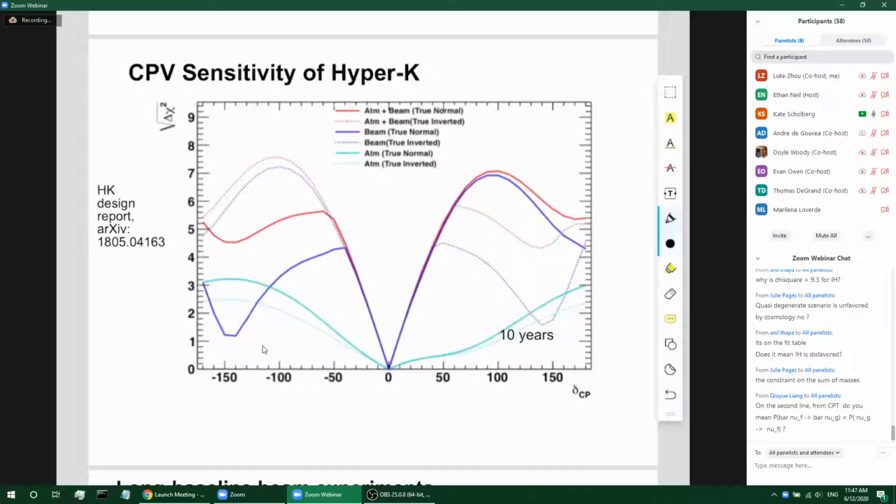This is using a combination here. The best sensitivity is for a combination of atmospheric and beam, and you can see the breakdown. I guess the turquoise is if we're using atmospheric neutrinos, where you get huge statistics in HyperK, then the blue is for beam, and then the red is for combining them. So really also very good sensitivity.